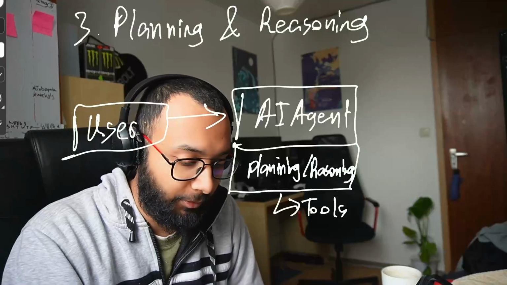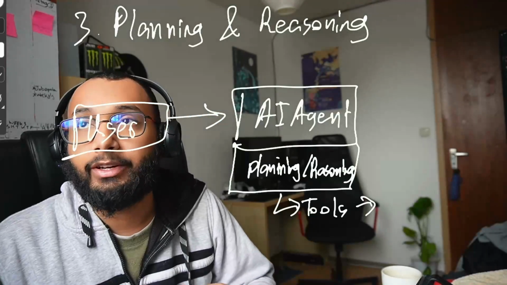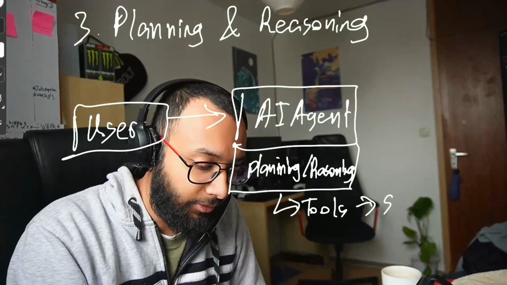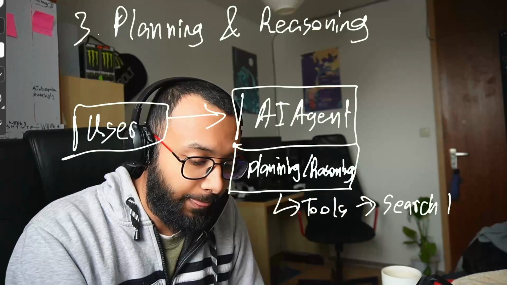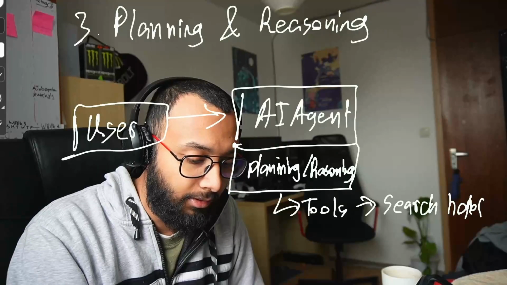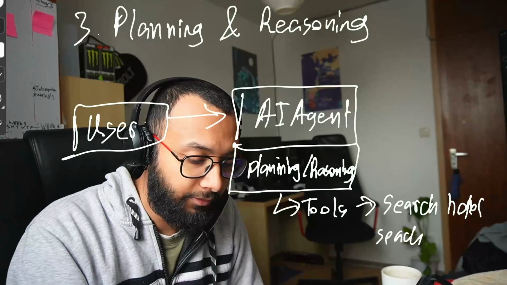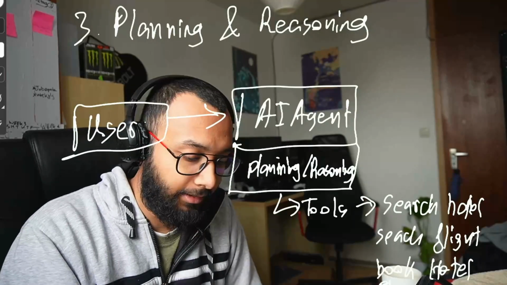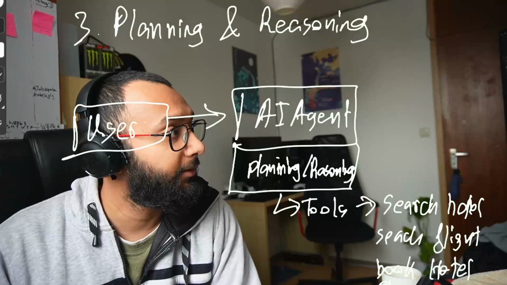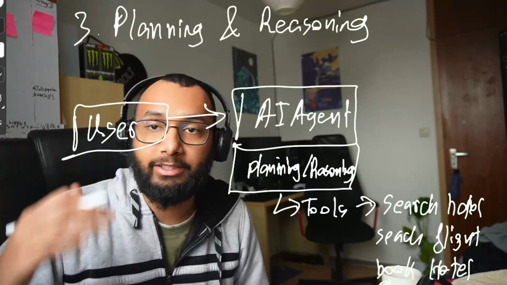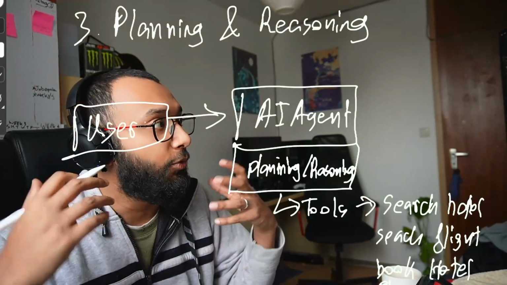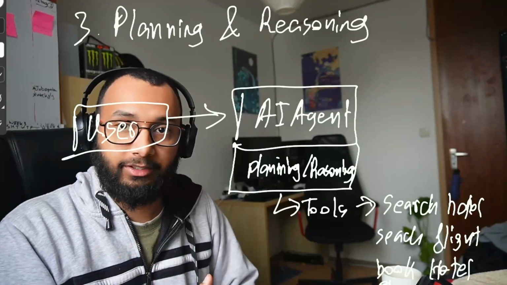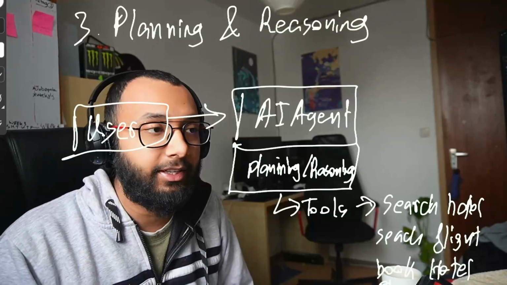For example, if you want to plan a trip to Hawaii or anywhere else, it can first search hotel, then search flight, then book hotel, plan trip. You cannot see what I'm writing underneath, but it can use a sequential set of tools because it can reason and plan ahead what the user actually wants. This kind of design pattern is called planning and reasoning.